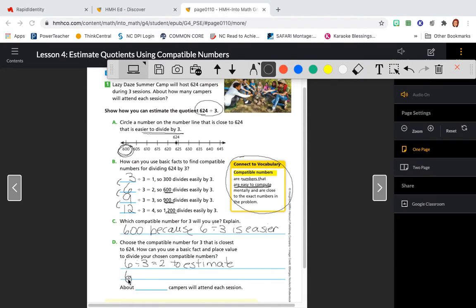I can say 600 divided by 3, which would be 200. So about how many campers? 200 campers will attend each session.